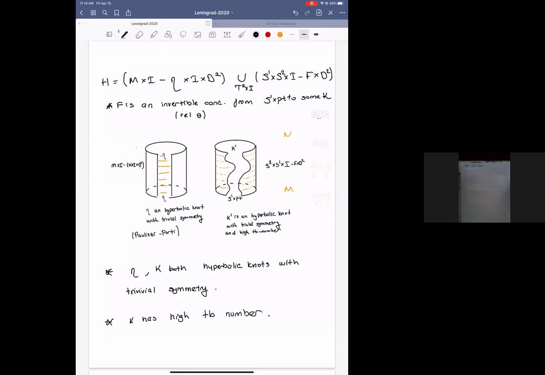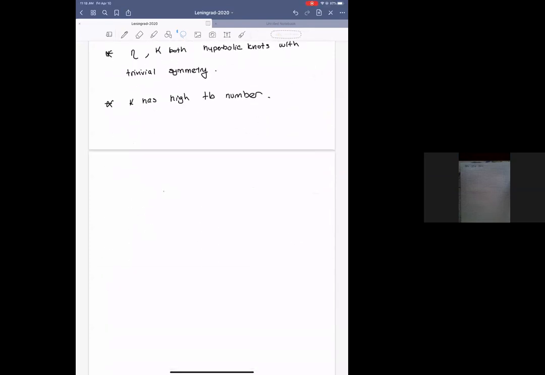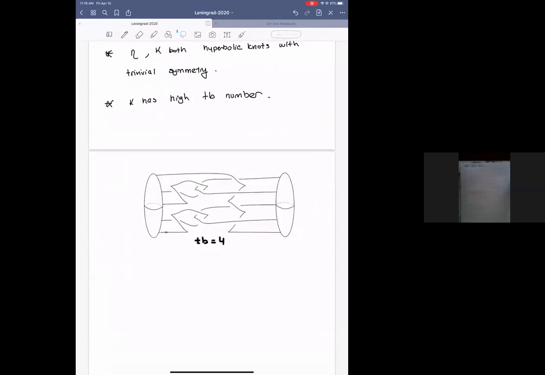And indeed, the knot K that I just introduced, that I told you I'm going to use, it's this knot. If I put it in a Legendrian position, the TB is 4 here, high enough for us to keep this sign property.